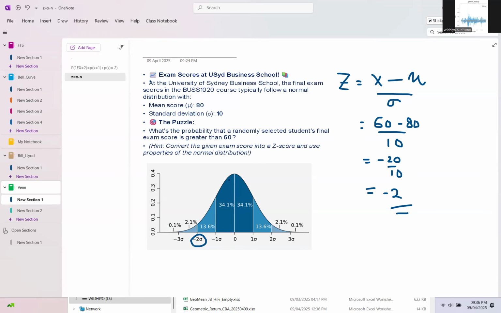And you probably already know that plus minus 1 sigma to the right and left would be around 68%. And you also know that if it is plus minus 2 sigma to the left and right, it would be 95%.